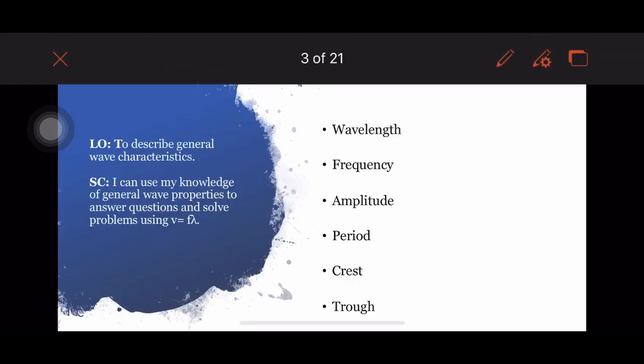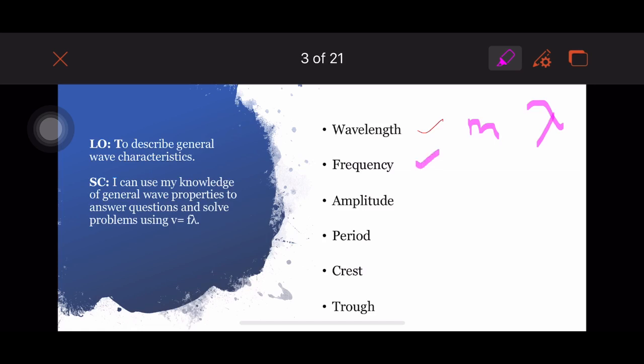Yesterday we learned about these words. Wavelength, which is measured in meters, and it's denoted by the symbol lambda. Wavelength is the distance covered by a full cycle of a wave, usually measured from peak to peak or trough to trough.